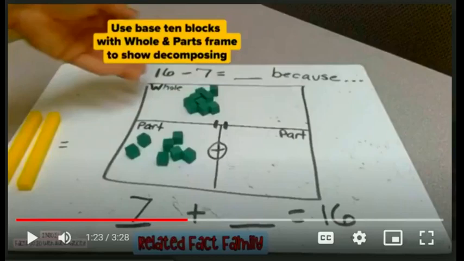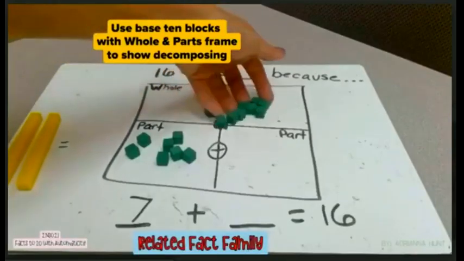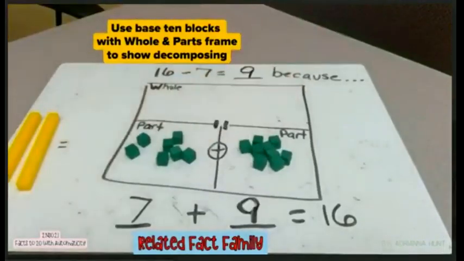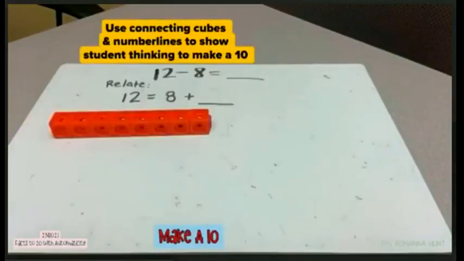If they know that half of 16 is 8, but we're taking away 7, then they should be able to understand that we are going to need to regroup into all ones. Again, this will just reinforce those related fact families and understanding the different parts that would make up the whole when we're going from addition to subtraction.